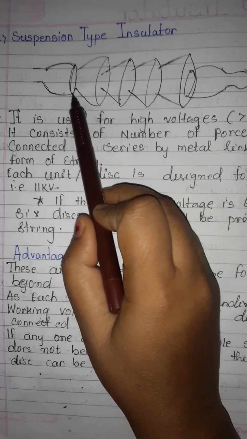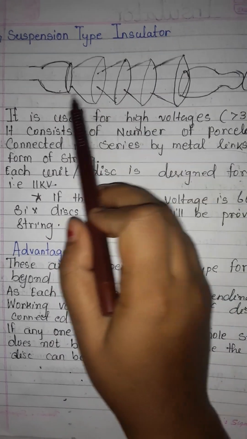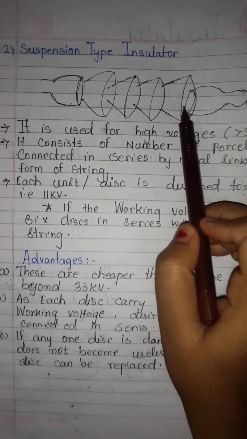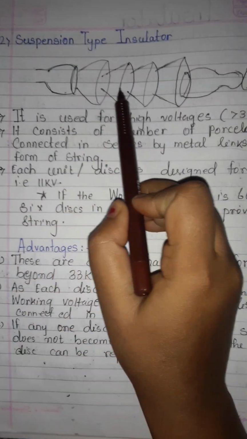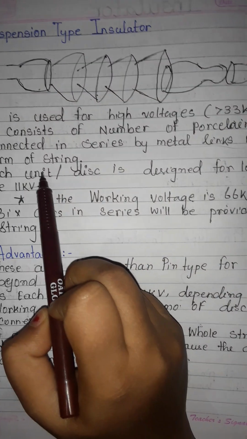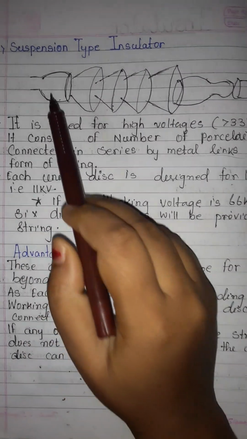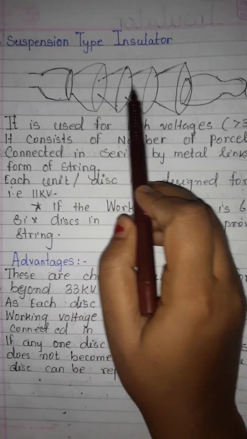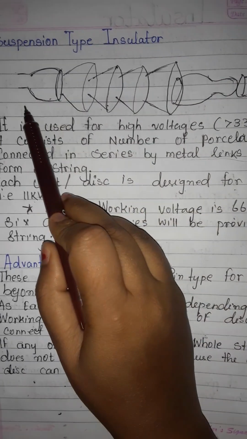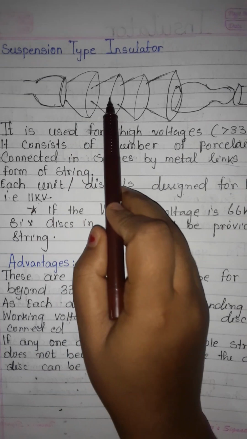As you can see, these porcelain discs are connected in a series line and they form a string. Each disc is designed for a low voltage, that is 11 kilovolt. The discs are shown in the picture, each with a voltage of 11 kilovolt.